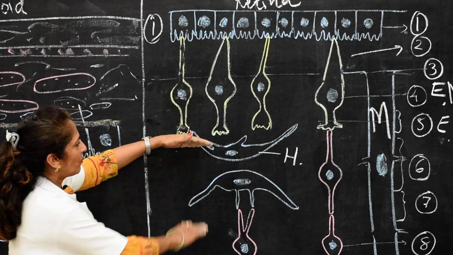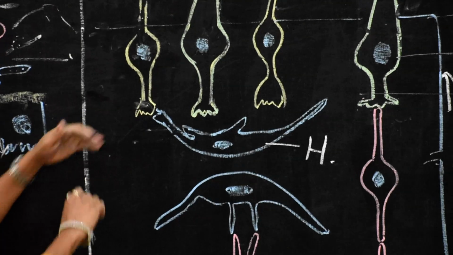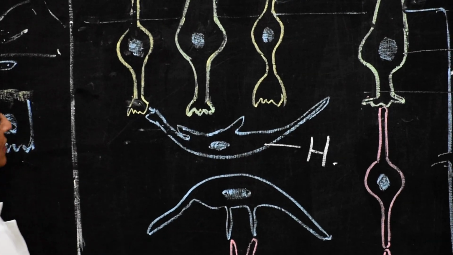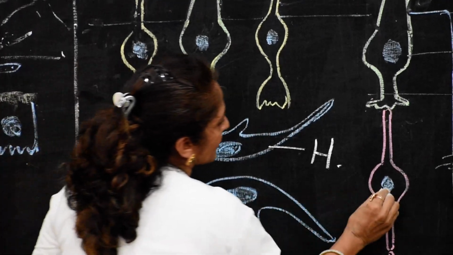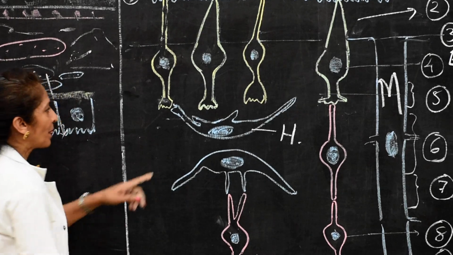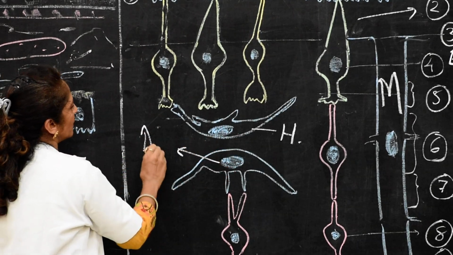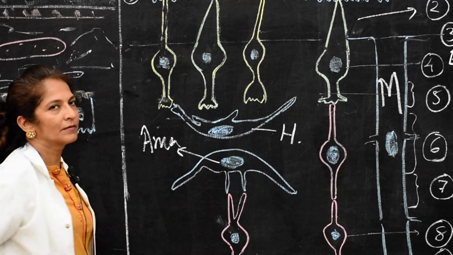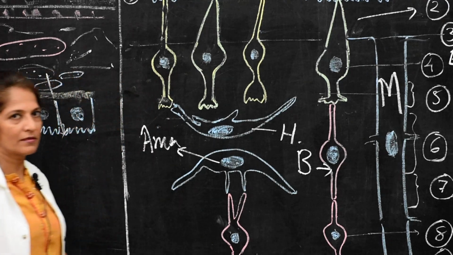Deep to the plexiform layer, that is again the nuclear layer, the internal nuclear layer. The nuclei present in this layer are of the horizontal cells, deep to it the amacrine cells, and the bipolar cells.